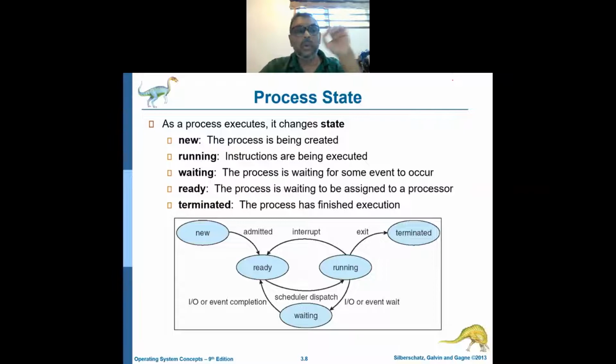Okay, so you have the new state. Where is the new state? It's inside the hard disk. Ready state is inside your RAM. Okay, Hidayah, where is the running state? Emilia, where is the running state?